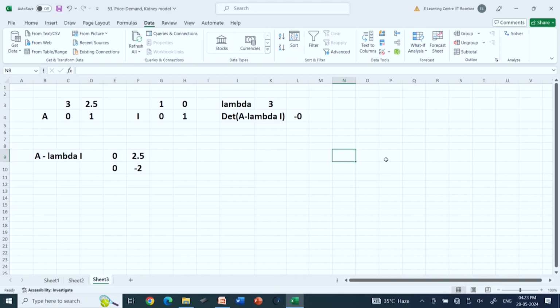Now, let us look into the formula. So, quickly I write it here.